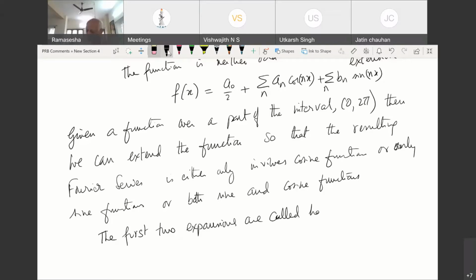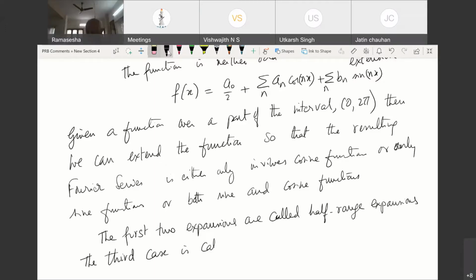That means only using sine functions to expand, or only cosine functions to expand. And then you have a full expansion of the function. The third case is called a full range expansion.